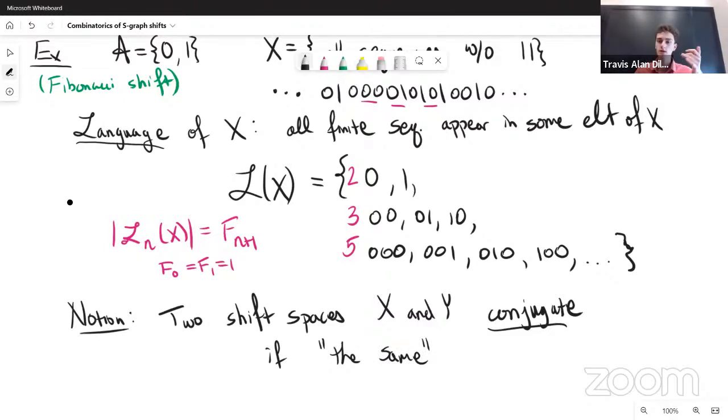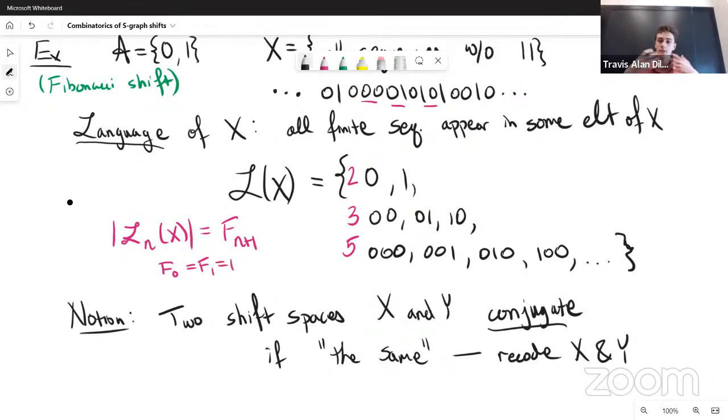This would involve getting a little bit into the dynamics, but you can think about it as: you can encode and decode X into Y. So you can recode X and Y to get each other. If you think of these just as sequences, there's some short finite way to encode X into Y and to encode Y into X, bijectively.